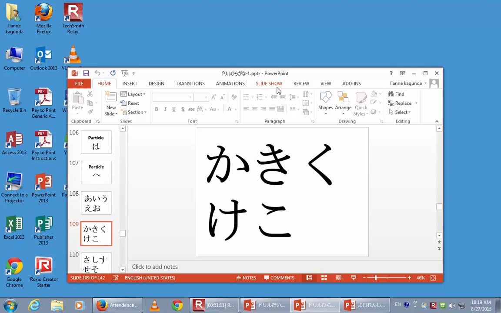Ohayou gozaimasu. Good morning, yes. And again, this is the formal form. And if you leave off the gozaimasu and just say ohayou, that's very casual. So friends seeing each other in the morning, ohayou, ohayou. Seeing your teacher in the morning, you would say ohayou gozaimasu. There's a difference.